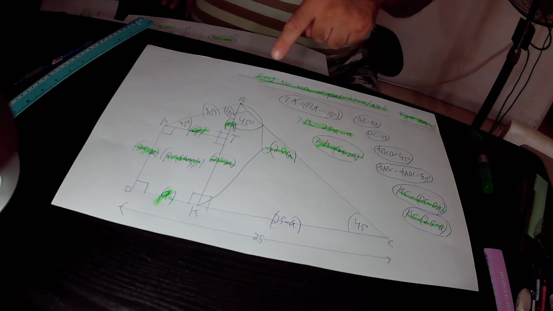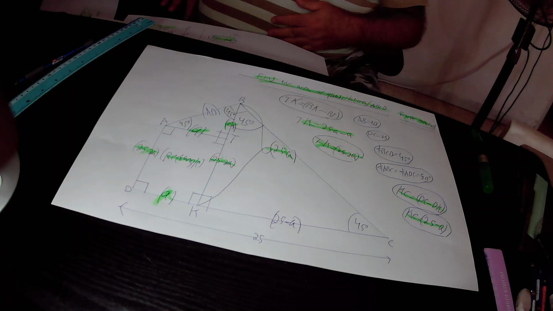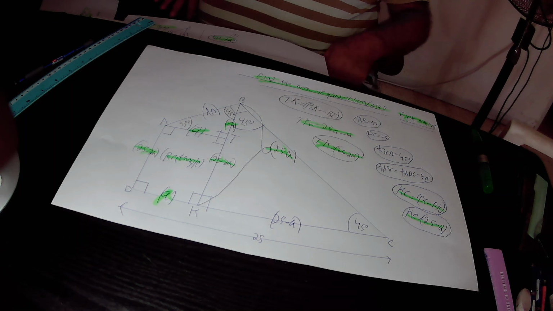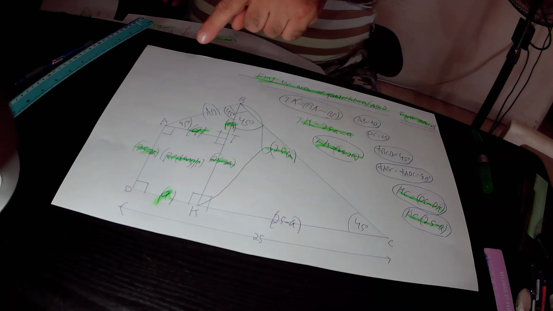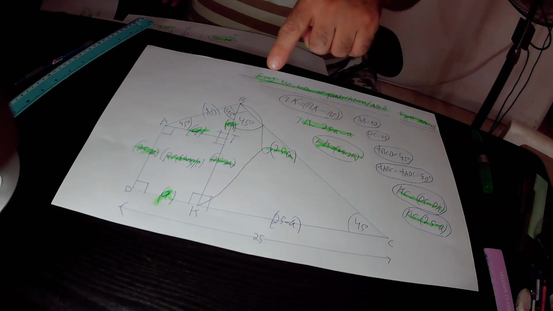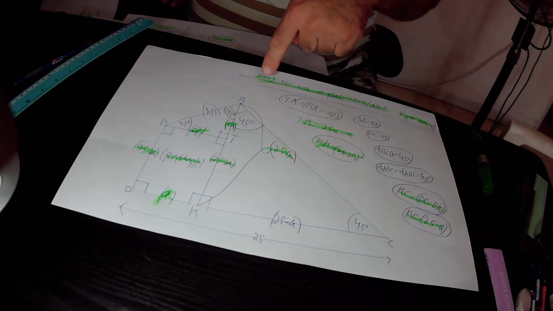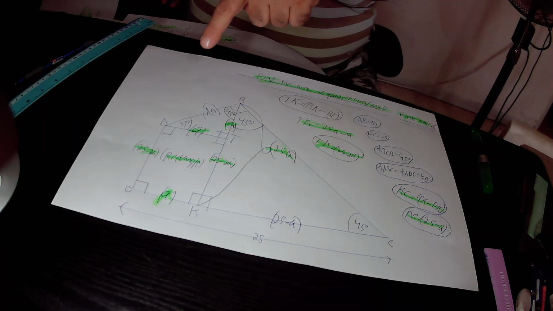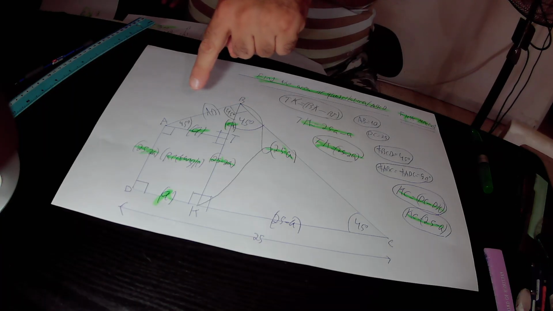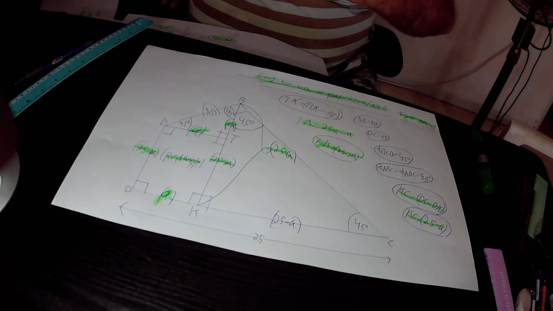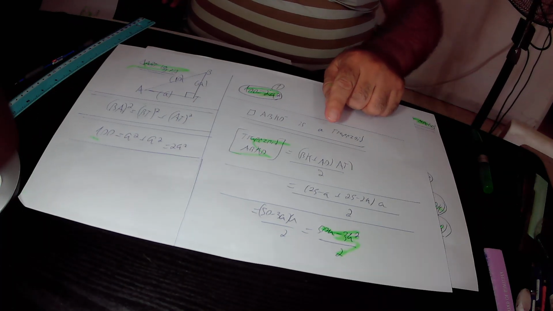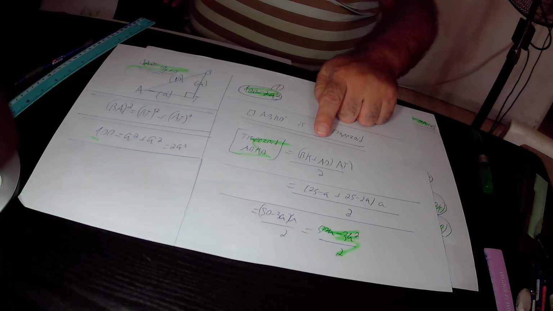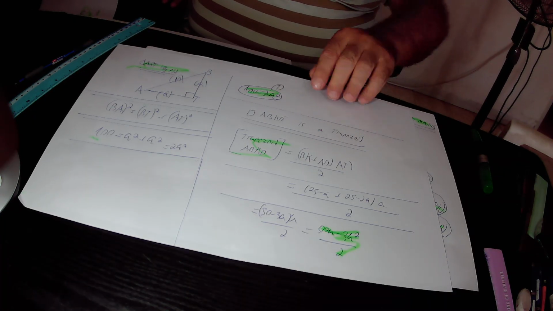What is the area of this trapezoid ABKD? According to the formula that I presented to you in the beginning of the lecture, the area of trapezoid ABKD equals the sum of its two parallel bases, BK plus AD, times the height AT, over 2.